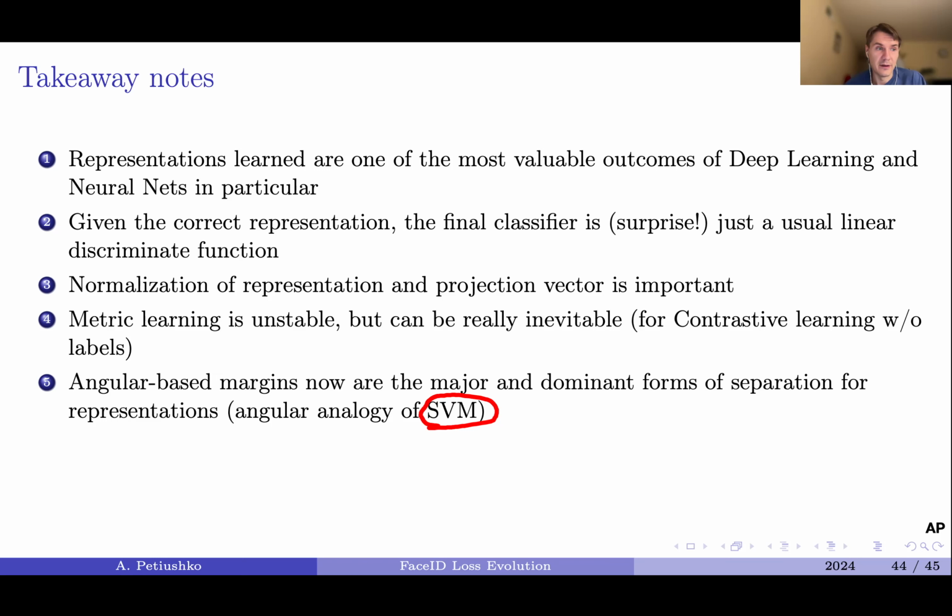And in deep learning, it seems angular-based margin is the analogy of it. Also, we have looked into the FaceID task, but to be honest, a lot of different task directions are now using angular-based losses. This is not only about FaceID. This is about, for example, how to recognize places when we have 1 million different places, like sightseeing, etc.